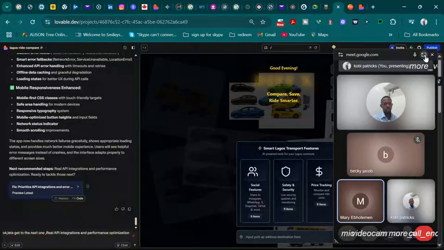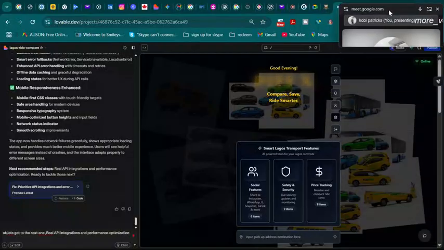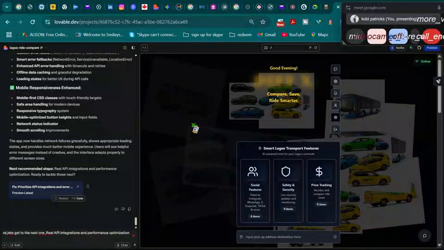Okay, now this is what I was trying to show us initially. This is Lovable. This is the Lovable website. Now, you can see the screen here. Yes, I can see the screen. Right. So this is an app that's being built.